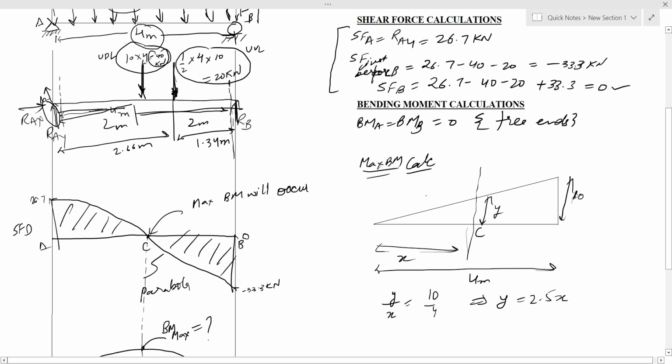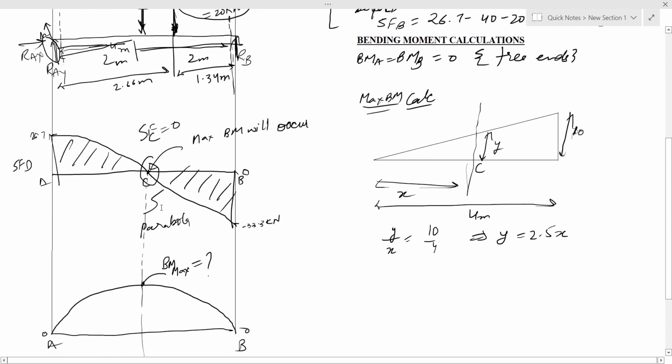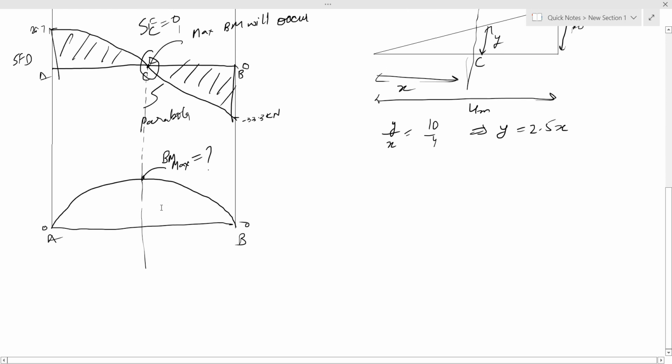Now we know that at this point C, shear force is 0. Shear force at point C is 0. So we'll now calculate the value of shear force by resolving the forces till point C, and we'll cut a section at point C. So we'll draw another diagram.